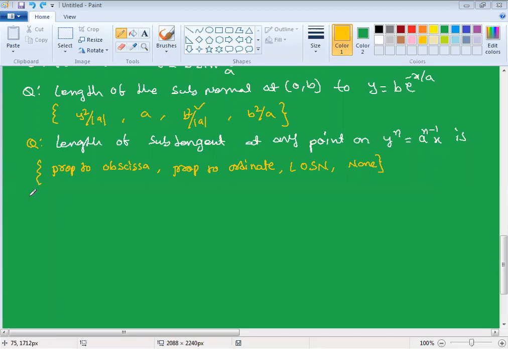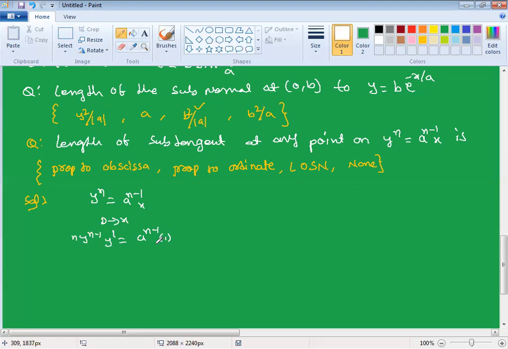What is the curve given? Y power n equal to a power n minus 1 x. This is the given curve. If you find differentiation with respect to x, that is n into y power n minus 1 y dash equal to a power n minus 1 into 1.